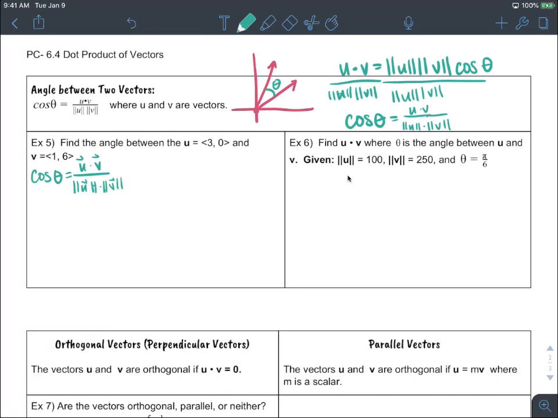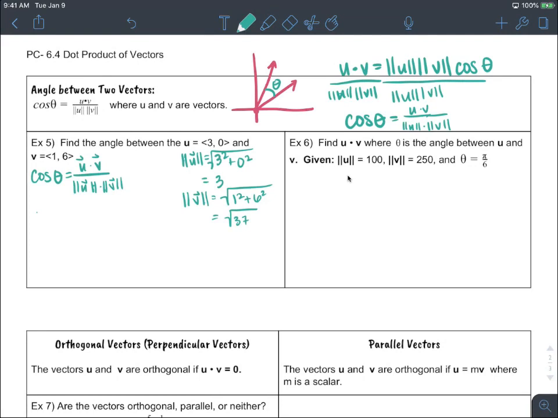I definitely need the magnitudes. The magnitude of u is the square root of 3 squared plus 0 squared, Pythagorean theorem, which is just 3. The magnitude of v is the square root of 1 squared plus 6 squared, which is the square root of 36 plus 1, 37.